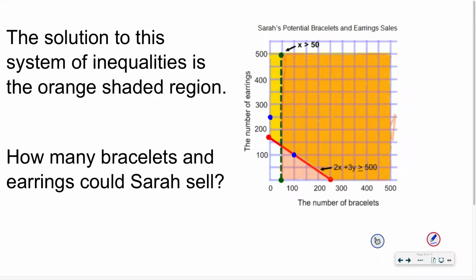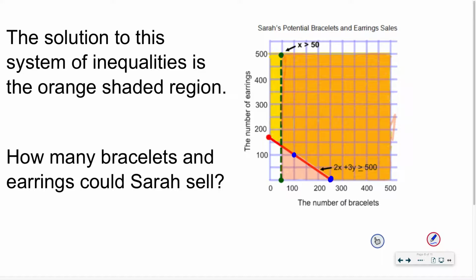Oh, I meant 250 bracelets. Oh, 250 bracelets, and yeah, that point there. Okay, 250 bracelets and 0 earrings. How much money would she make at that point? That would be 500 exactly. What else? Are there others?